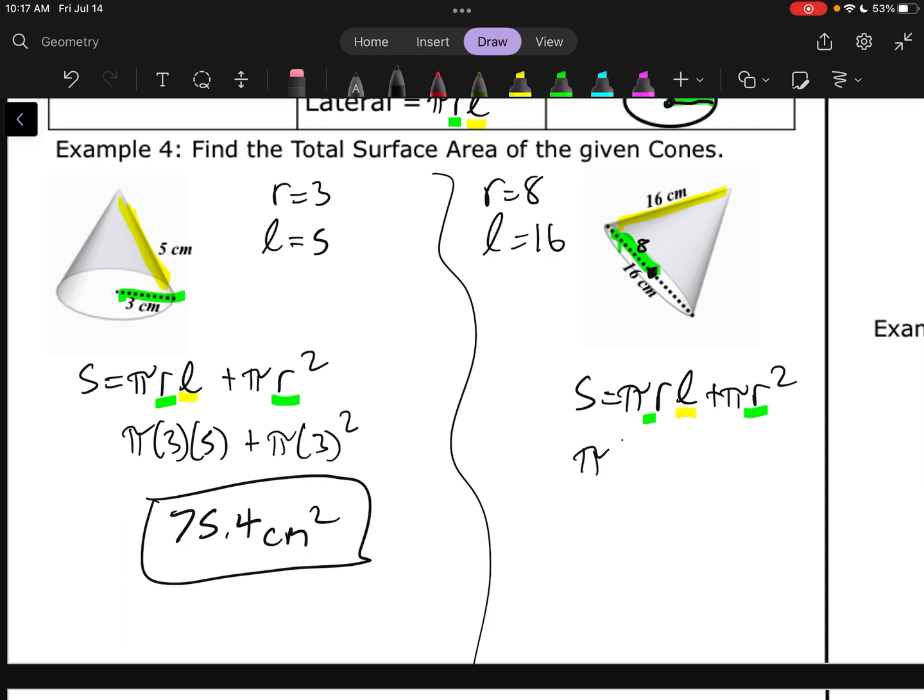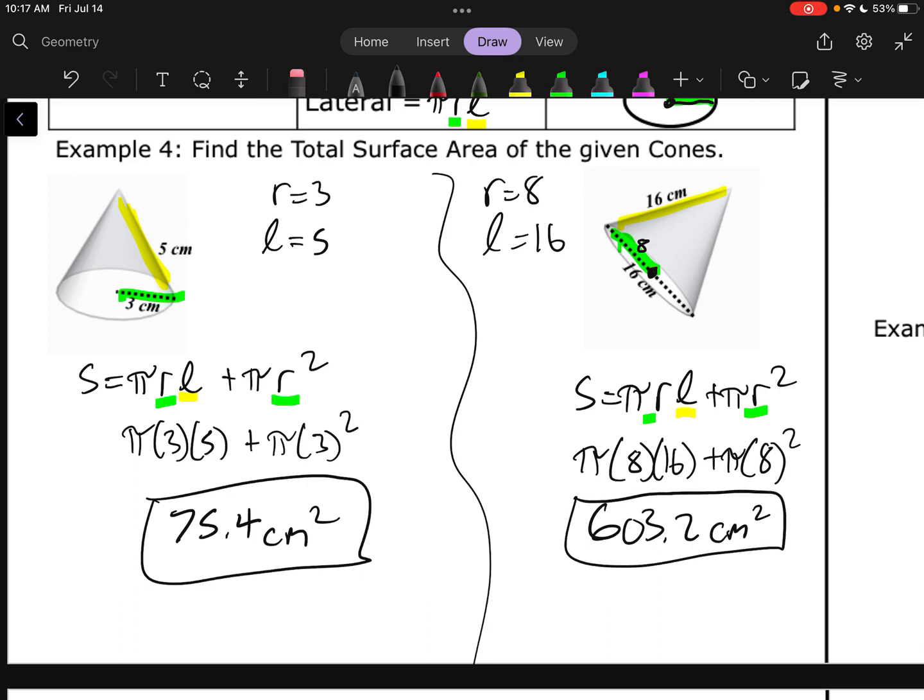So this would be pi times 8 times 16 plus pi times 8 squared. Let me type that in. Let's see what we get. I'm getting 603.2 centimeters squared.